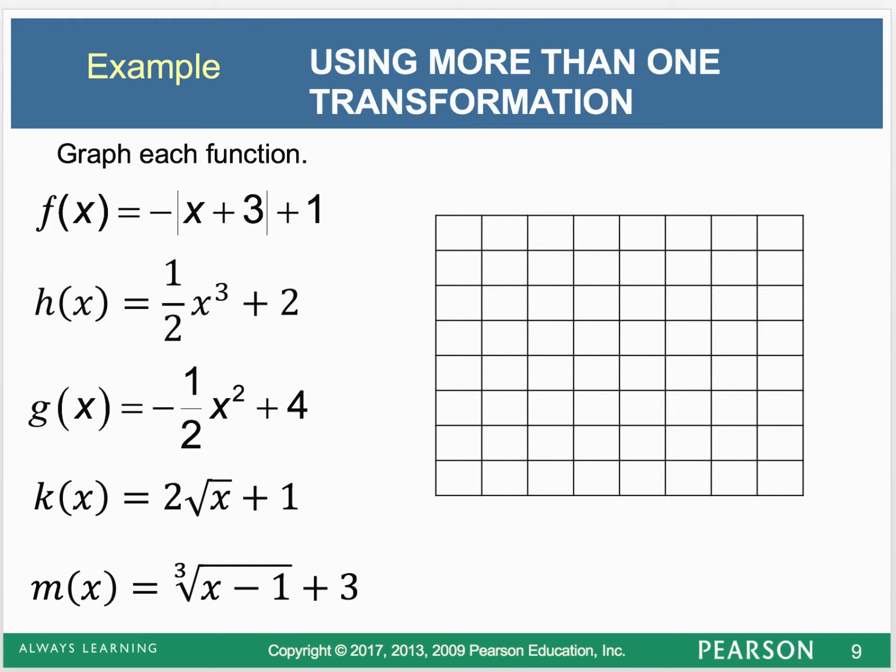All right. Let's try the next one. It's a square, so I know its basic shape is a parabola. And I can quickly get those points by saying, okay, -2 squared is 4, -1 squared is 1, 0 squared is 0, 1 squared is 1, and 2 squared is 4.